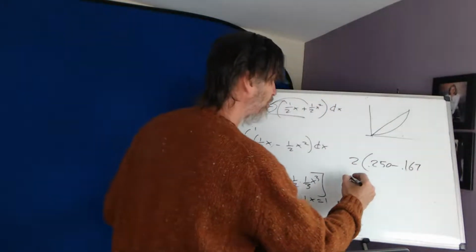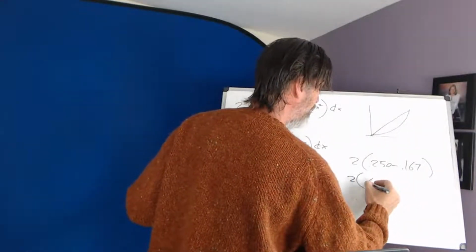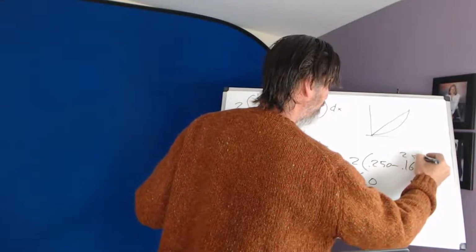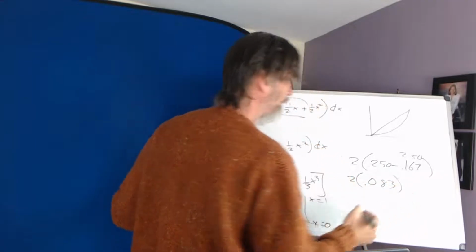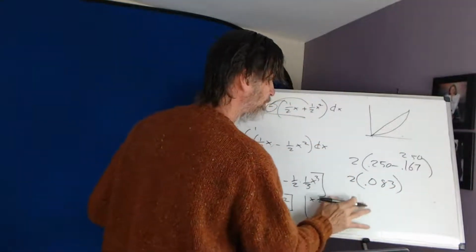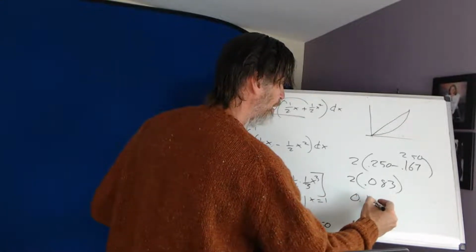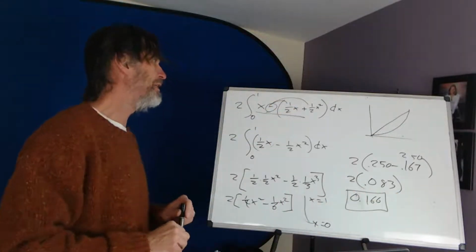Let's do the subtraction. 2 times 0.083. 0.166. There's my Gini index.